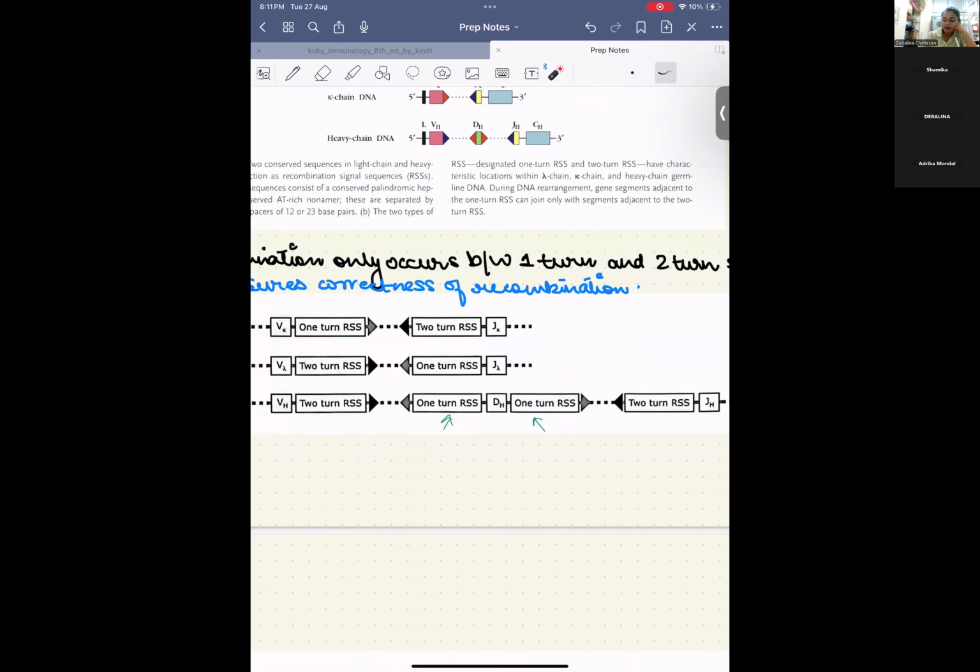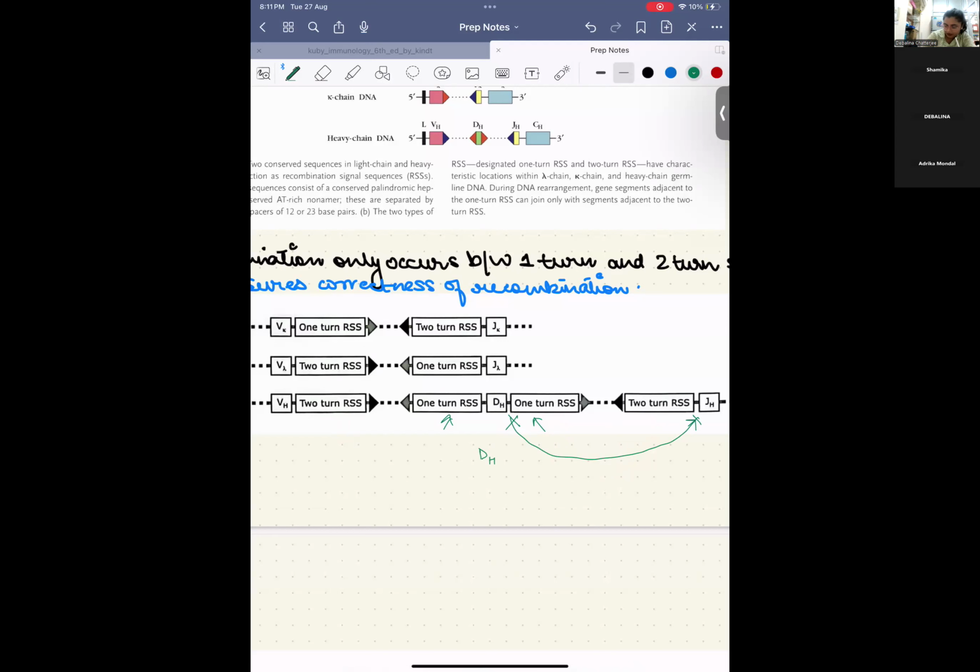So first to happen is this one-turn RSS sequence coming and joining here, because D and J combination happens first, and next to follow is this two-turn RSS, because once that recombination happens, what we have is a DJ, because now a cut is produced here and here. These two segments are going to recombine.